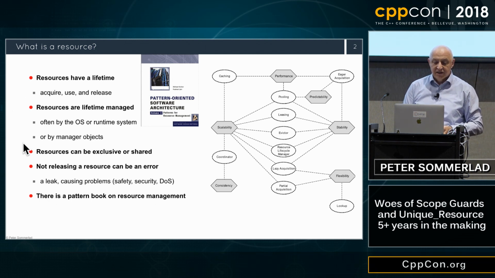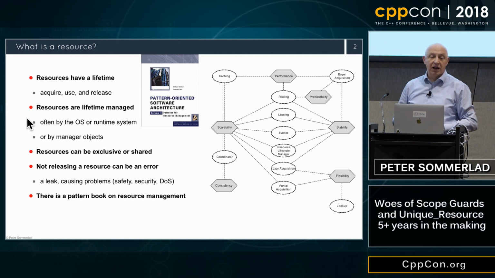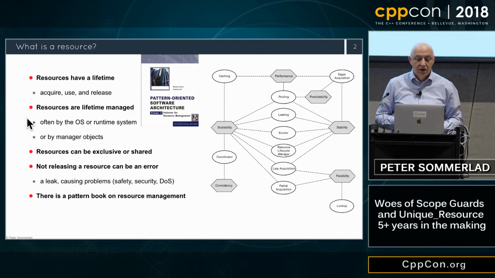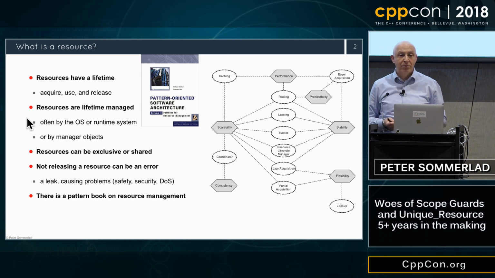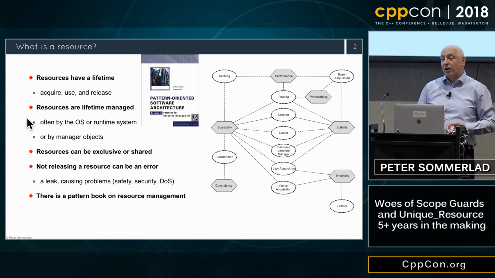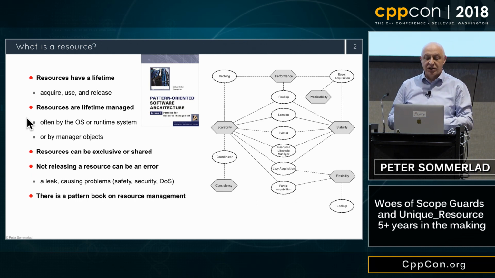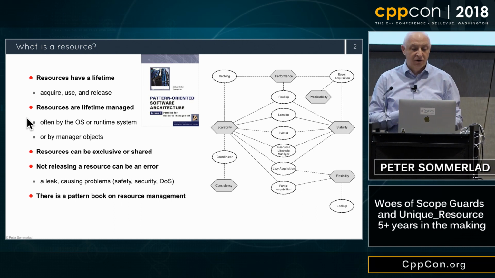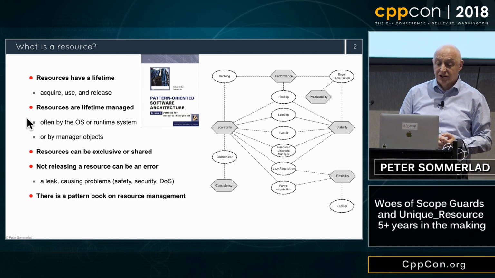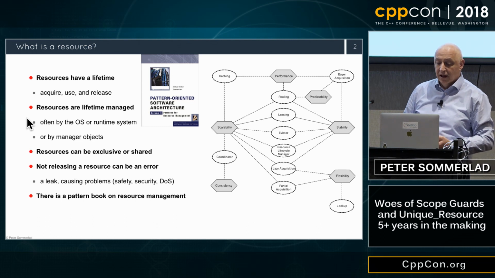Some resources are given to you by the operating system, like a file handle, or by the runtime system, like memory. Or you might have resources that you manage yourself, and you have things like manager objects. And there's a resource manager in that book, and I also wrote a pattern on managing objects.